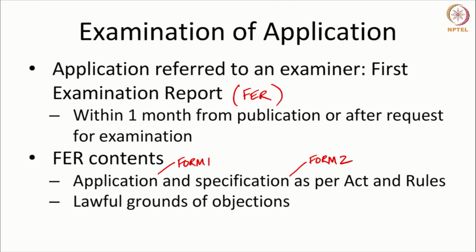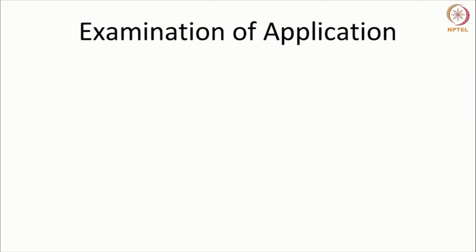So the FER, the first examination report, is the opportunity for the Patent Office to look into whether the invention is something which can be granted legally. And the results of the investigation the examiner conducts are also covered in the FER.